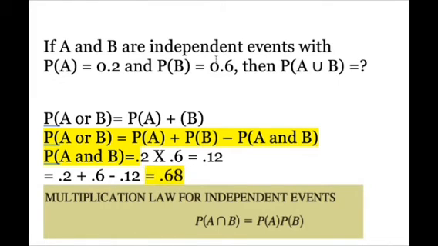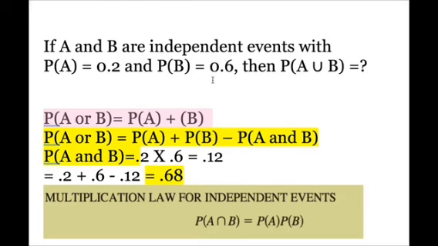Just to recap what we just did, we had a question here that stated if A and B are independent events, probability of A equals 0.2 and probability of B equals 0.6, then use this information to find probability of A or B occurring. We took a look at the rule of addition. We should not use this first formula because this is only for mutually exclusive events.